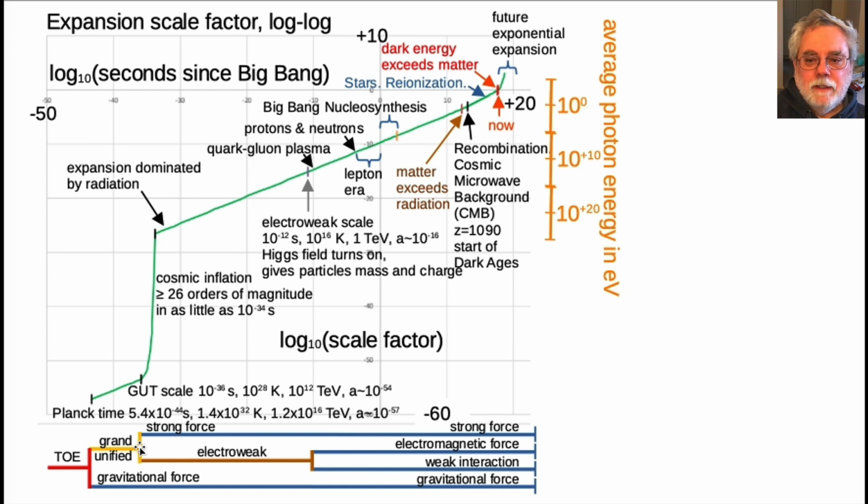If topological defects had been created, expansion of the universe would have become dominated by the matter energy density of the topological defects, beginning around 10 to the minus 16 seconds if radiation dominated expansion up to that time.